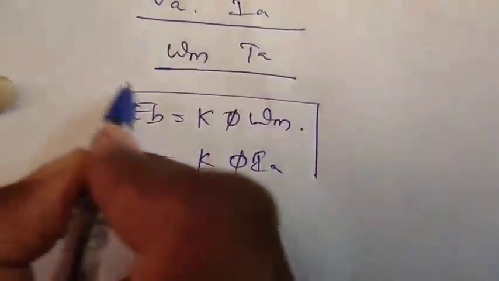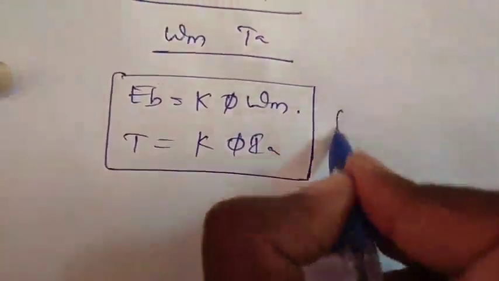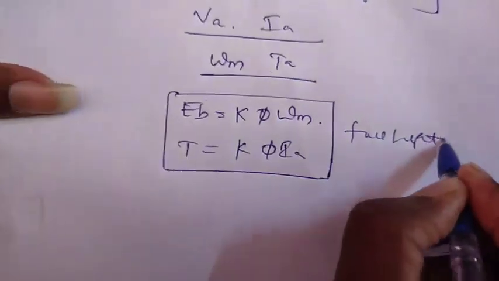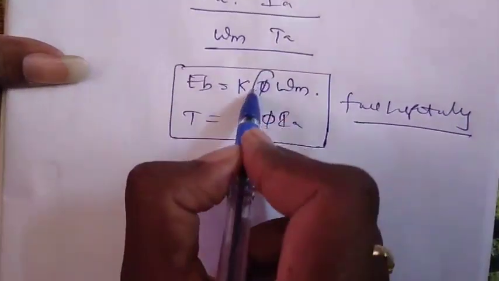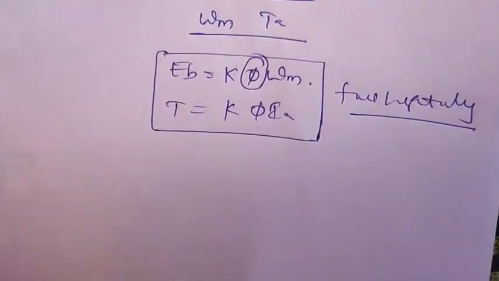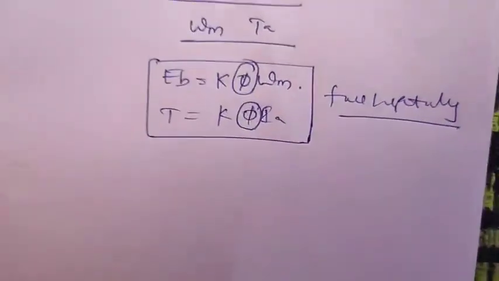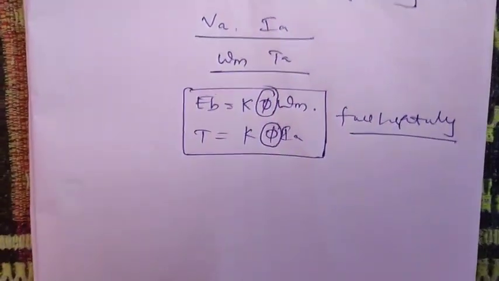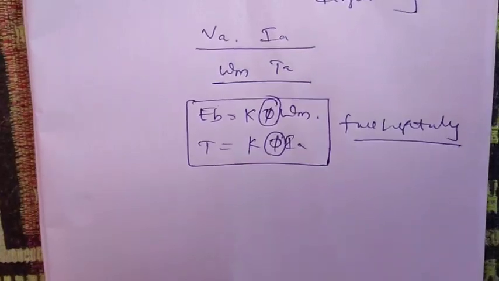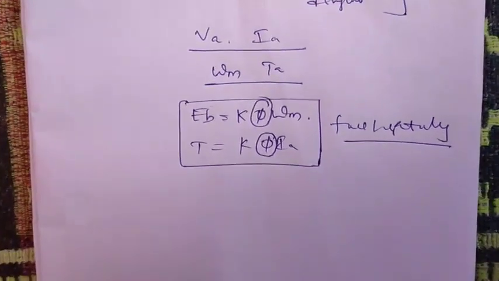These are the standard formulas. For a separately excited motor, the flux is constant for speed, back EMF as well as torque, so we can substitute those values in the equations, get the speed equation and torque equation, and write the formulas.